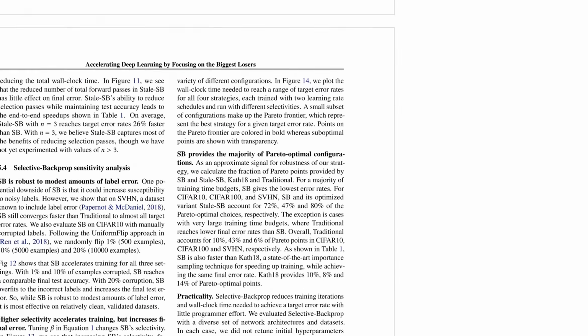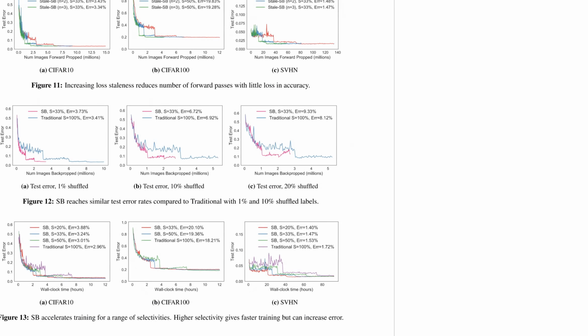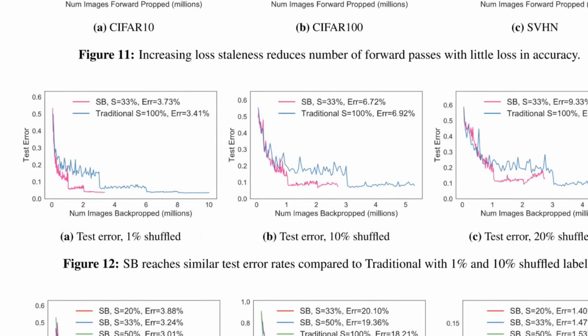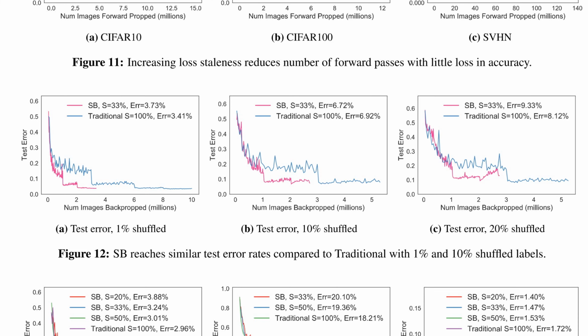And so they have these graphics here where they show test error over time. So test error, and the x-axis here is number of backpropped images, which is kind of a time dimension in training these algorithms. You see the blue is a traditional model, and the pink is a selective backprop with a 33% retain rate.